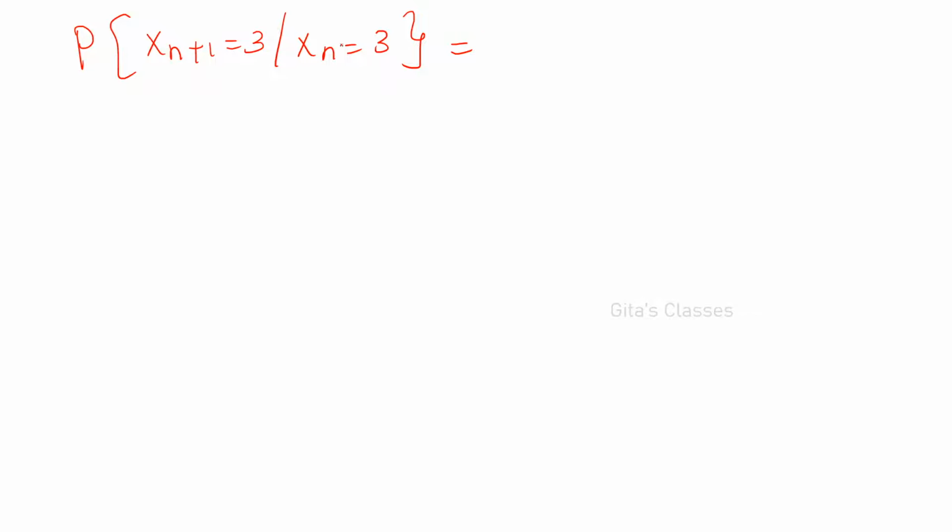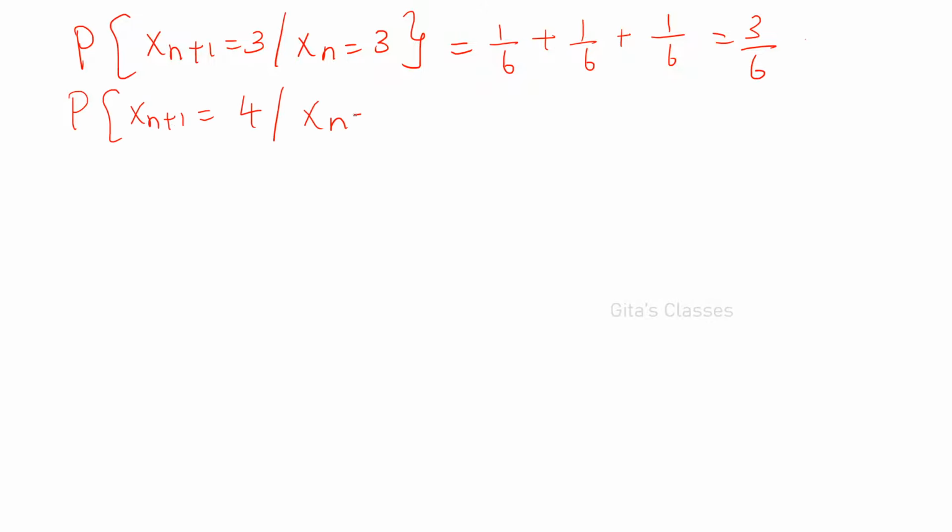Right. So here xn is 3. That means either I can get 1 or 2 or 3. So 1 by 6 for 1 plus 1 by 6 for 2 and 1 by 6 for 3. That is 3 by 6. Suppose in the n plus 1th trial I am getting 4, then with xn equal to 3 I will write only 4, right?